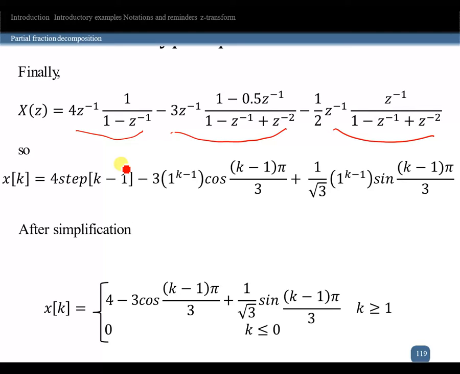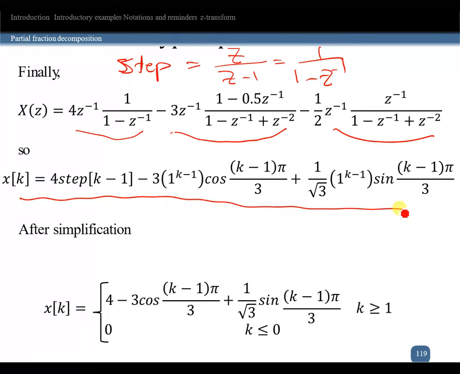And if you remember the step of k, it will be z/(z − 1) or 1/(1 − z⁻¹). Then I can find the inverse z transform of my system. Only from here to here you should be a little careful.